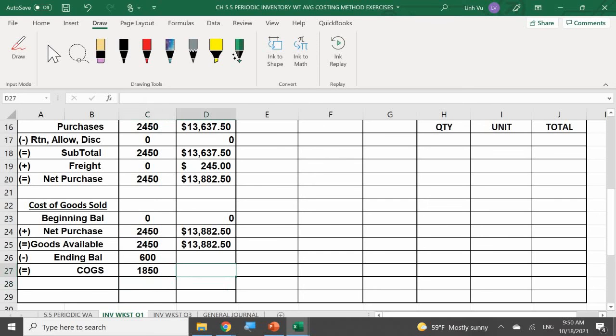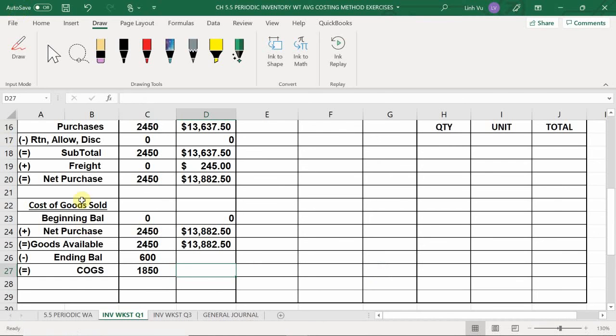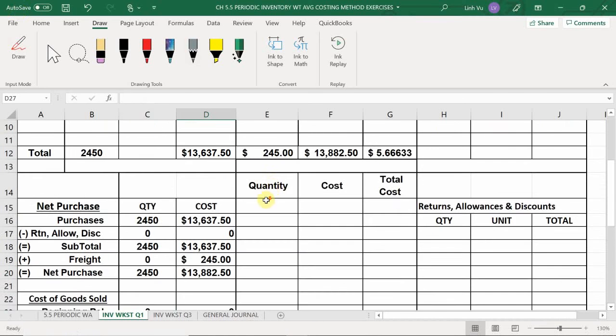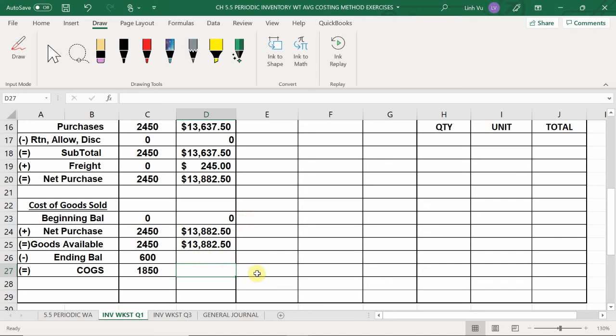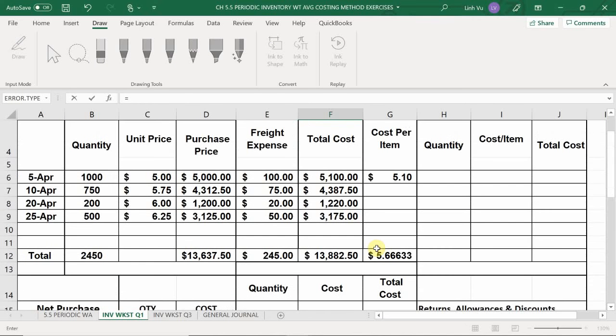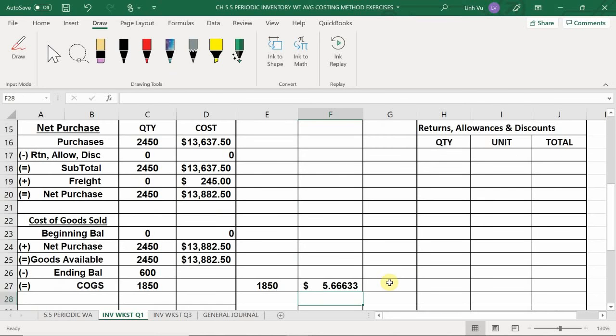Okay, so 1,850 is what I need to solve for. So I can simply take 1,850 and multiply it by my average cost per item, 5.6633.